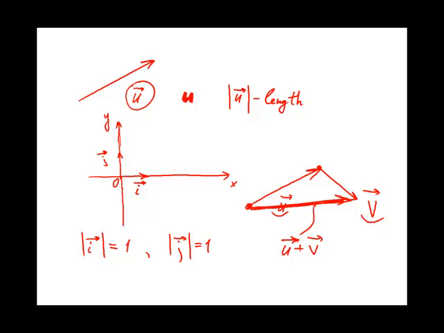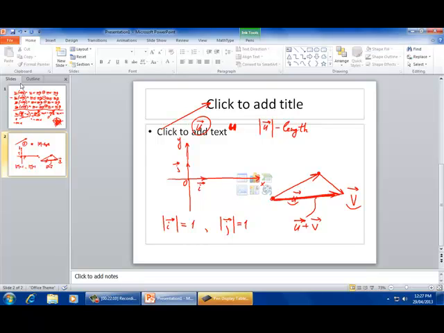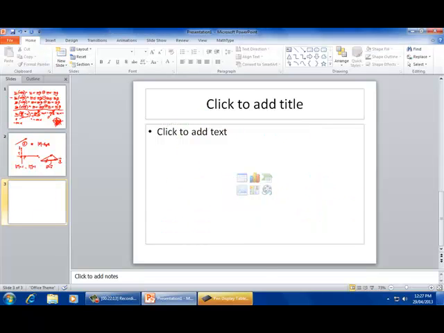How do we subtract two vectors? Let's find the vector u minus v. Here's what you do. You draw vector u, let me move a little bit.